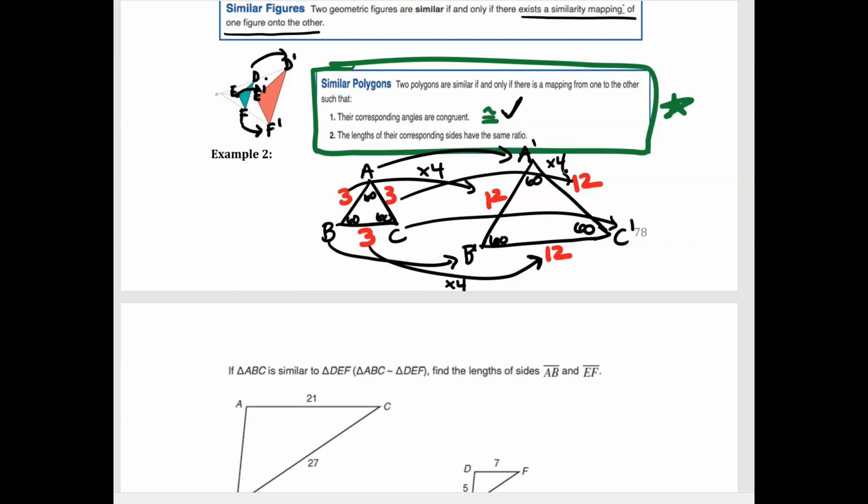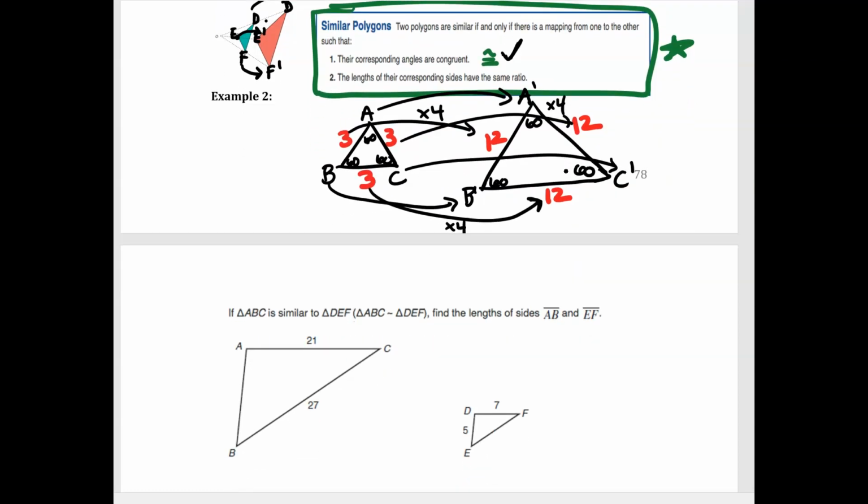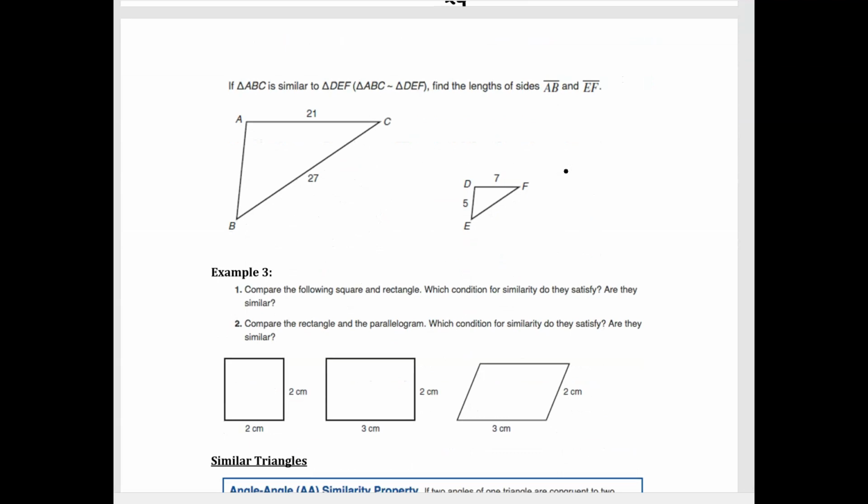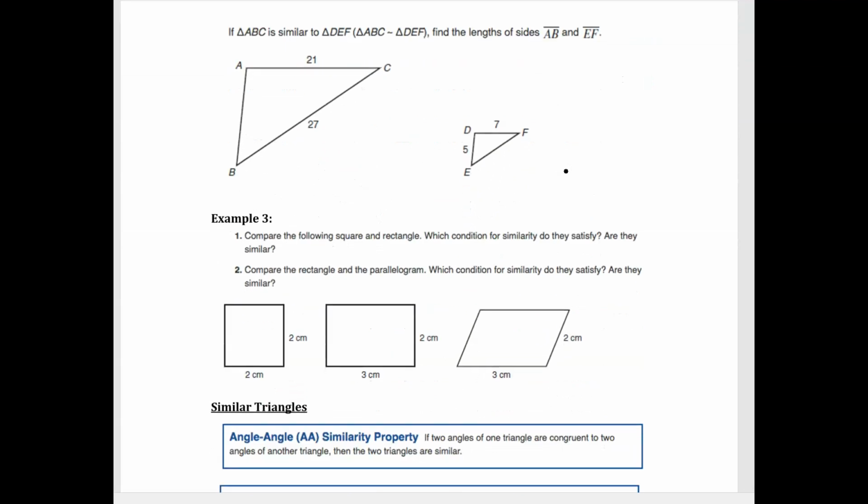Let's take a look at this next example where we've got 2 triangles, but they're not equilateral triangles. So we're told here, because of the similarity statement, that triangle ABC is similar to DEF. Okay, so one thing you could do if you wanted to is you could match up the angles and match up the different sides.